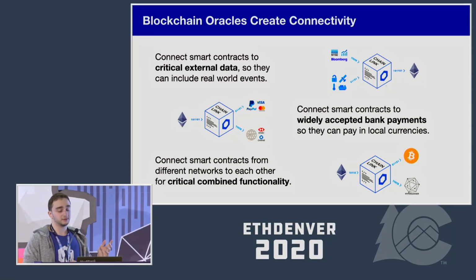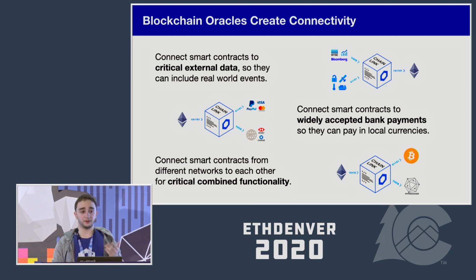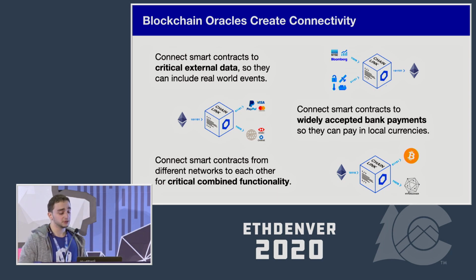And lastly, we want to be able to connect blockchains together. So it means basically having a Bitcoin transaction which is going to trigger a smart contract on Ethereum, for instance, or a smart contract on Ethereum which is going to trigger a Bitcoin payment or a Tezos transaction, right? So that's our goal.